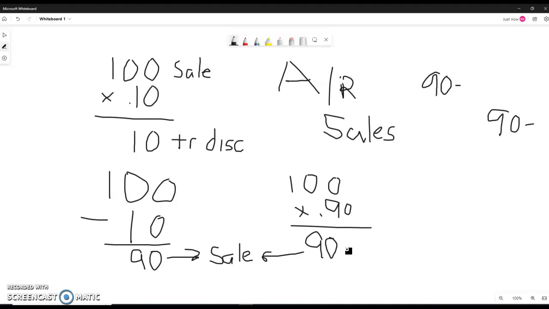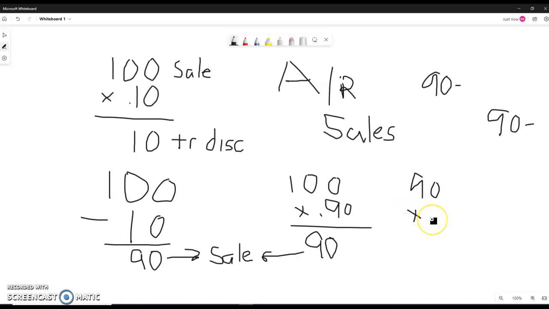Now, what if there's 2 trade discounts? So let's say they say there's a 10% trade discount and then a 20% trade discount. Well, first you would do the 10% trade discount, which is the 90. Then I would take the 90 and calculate out the other trade discount, the second trade discount.